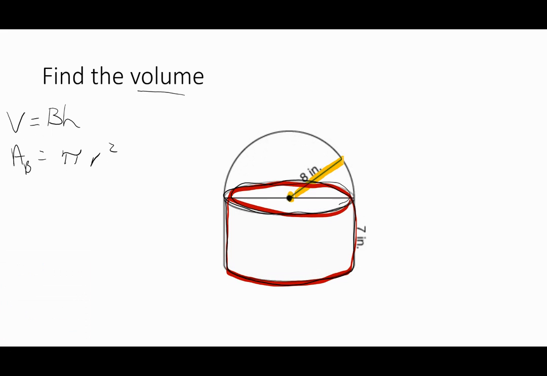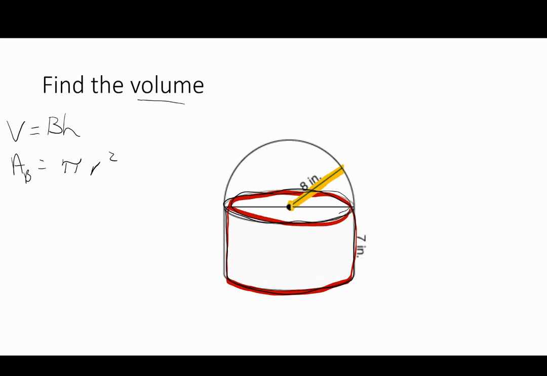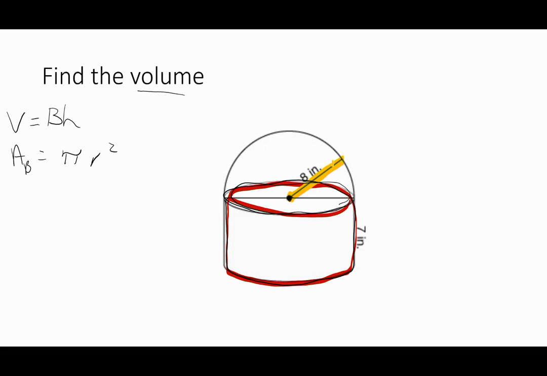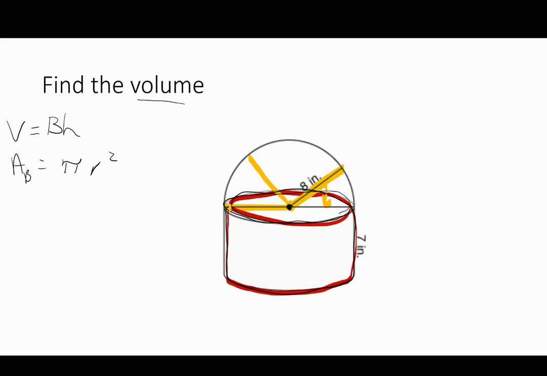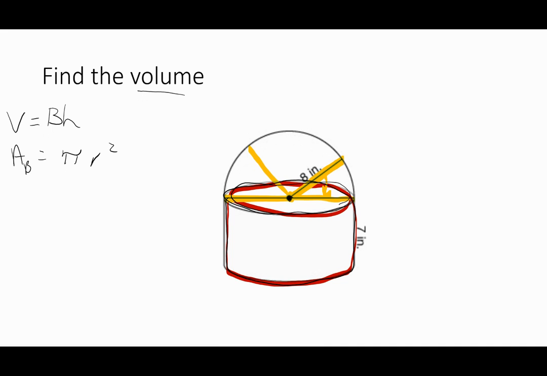Now this is up in the air, but you can see if you bring it down, it's the same here. The center of the circle all the way out is always the same. So our radius is 8.